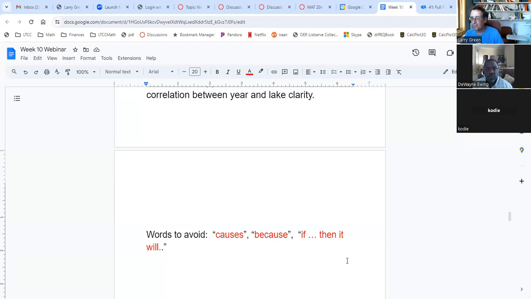What do you think? Do you think older people tend to have more gray hair than young people? Should be obvious. Yeah, definitely a correlation, right?